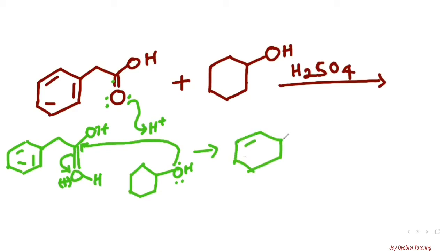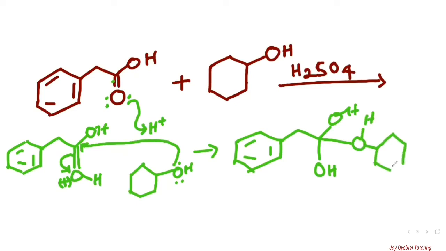And so you're going to have this OH, okay? The bond has broken, so you just have a single bond there. And all of this is going to attach with the oxygen, and you have hydrogen on this side, and you have this other one attached to the oxygen. Now, this is going to have a positive sign on it, okay?